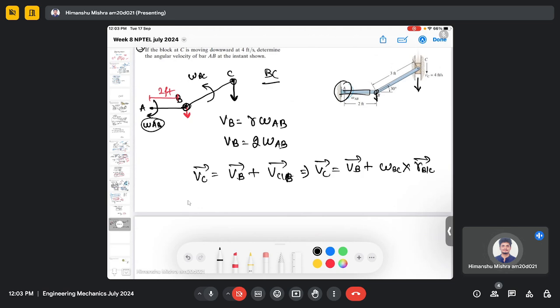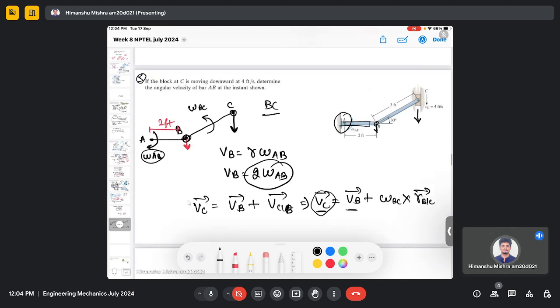And we are already given Vc and Vb. We found Vb as 2 omega AB, and we are given Vc in the equation, which is 4 feet per second. And just notice that this Vc is going downward.